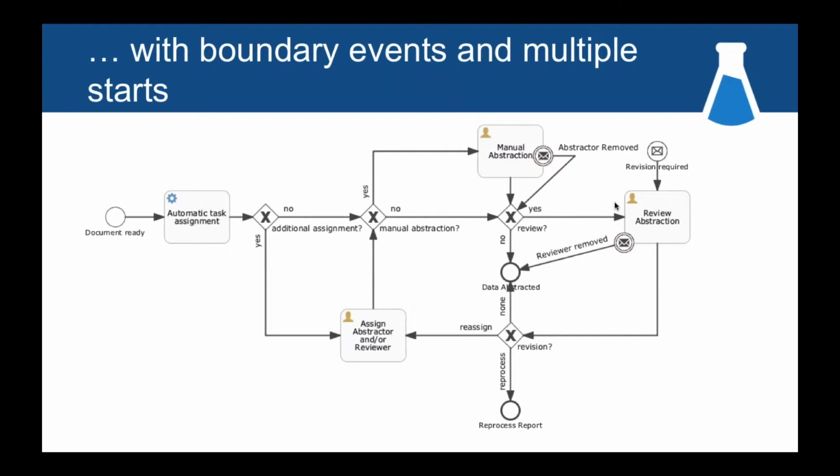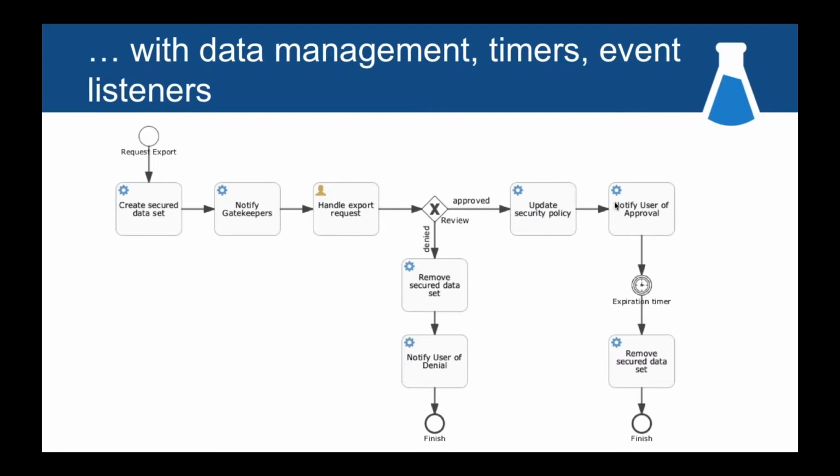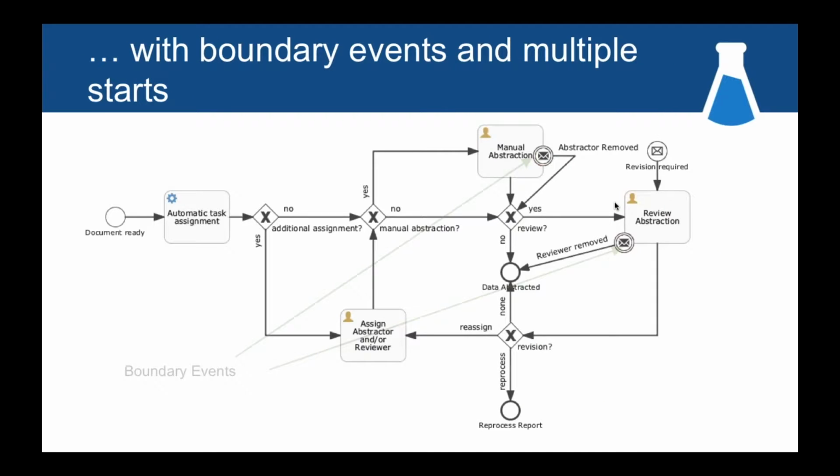And then here's another example in which we've added what are known as boundary events. The boundary events are the little open circles that are attached to the side of tasks that interrupt that task.